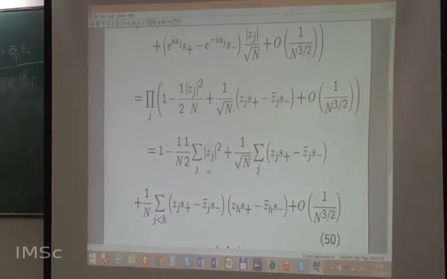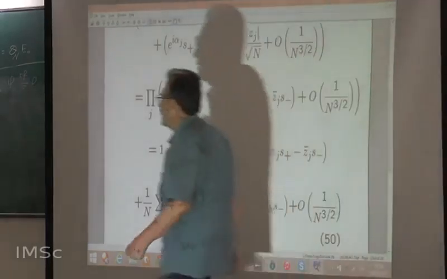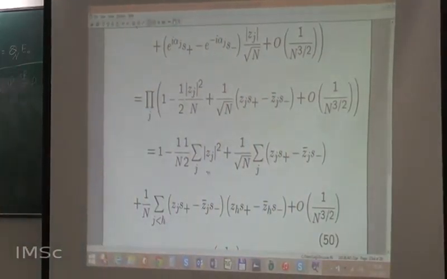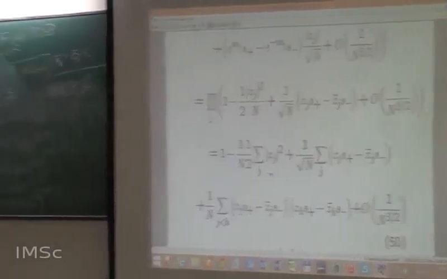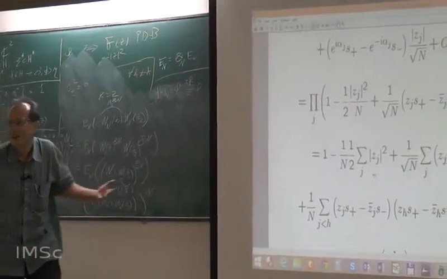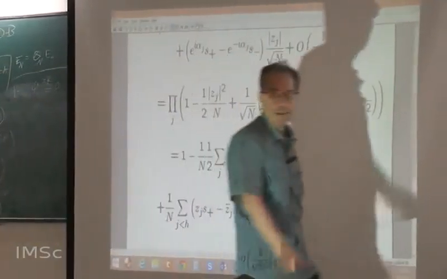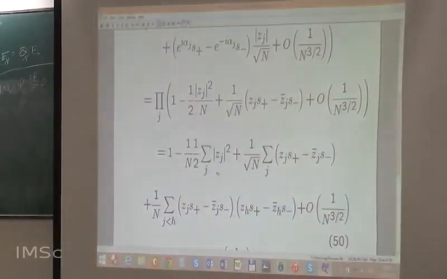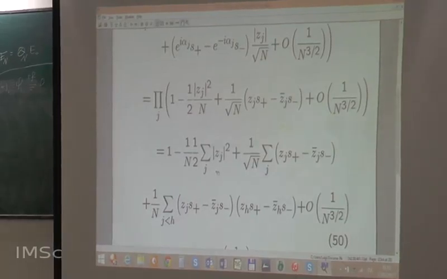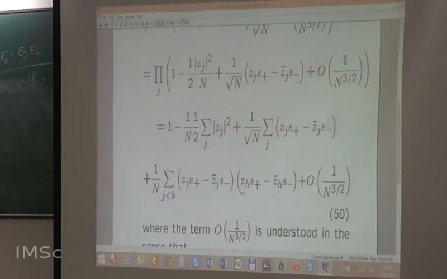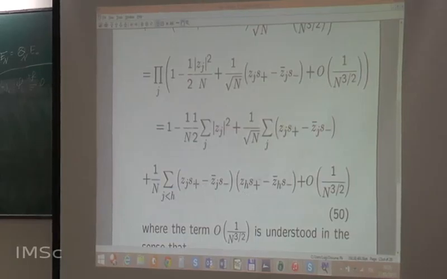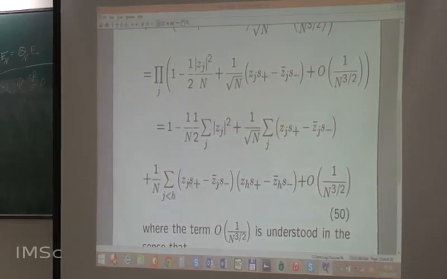Gauge invariance is automatic, because if you remember, the operators are nilpotent. The operator s plus minus squared is 0. So, by definition, you have gauge invariance with such operators. Okay? So you do this product, and only the terms plus minus and minus plus survive.